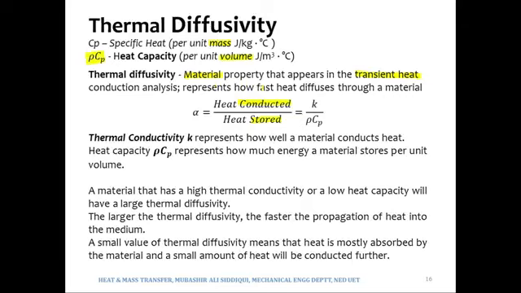It represents how fast the heat diffuses through a material, and it is a property that will be used in transient heat transfer analysis. It is a ratio of the amount of heat conducted to the amount of heat stored. The heat conducted means k, and the heat stored is rho Cp.